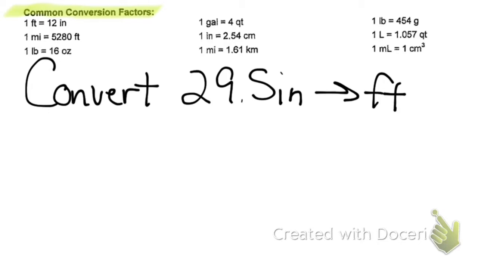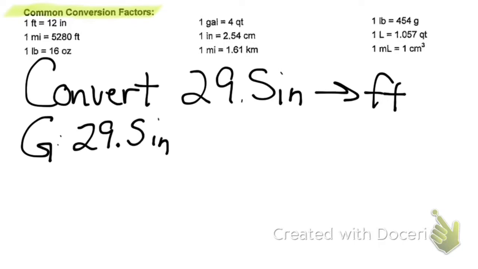Okay, so the first thing that we wanted to do was figure out what we're given. I can just write a G for given. We were given 29.5 inches. And then we want to know what we want.